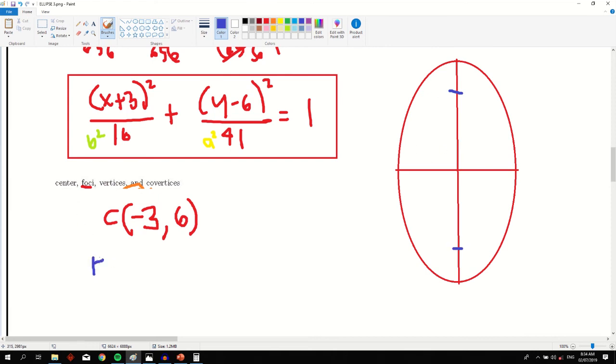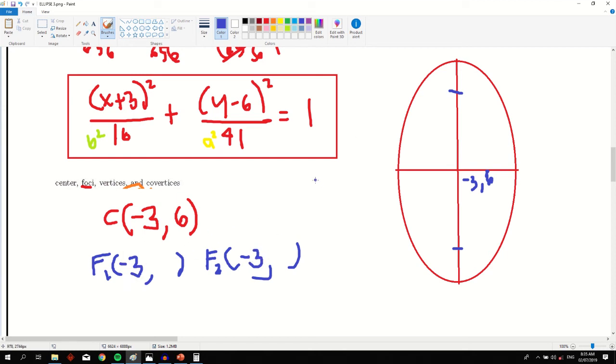So focus 1 and focus 2: the x should not be moving because this is negative 3 and y is 6, so the x should not be moving. So negative 3 and negative 3, so our y will be the one moving.